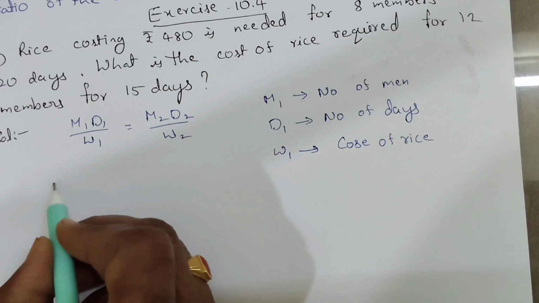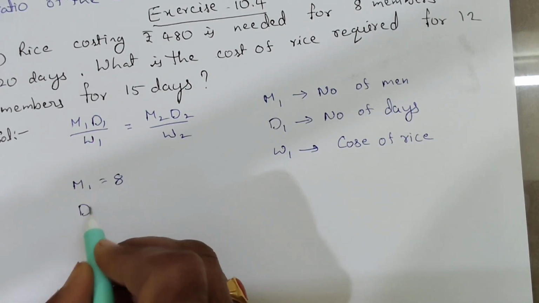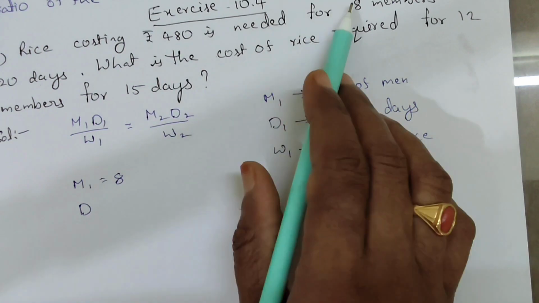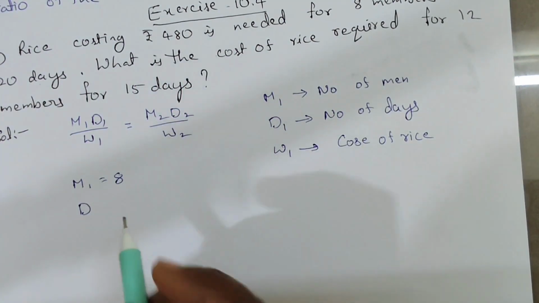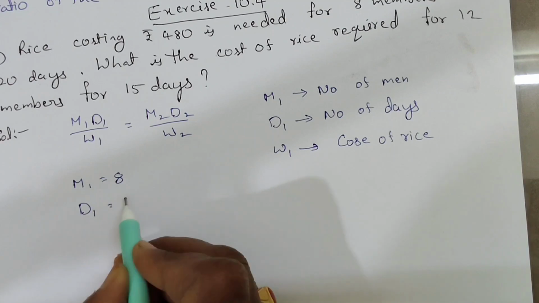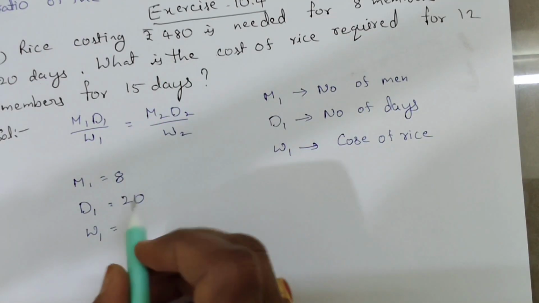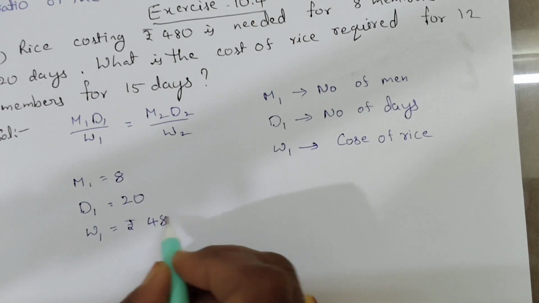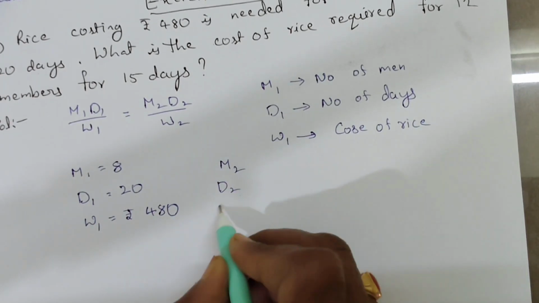Now we write the values. M1 is equal to 8. D1 is equal to 20 days: 8 members, 20 days, 480 cost. W1 is equal to the cost, 480 rupees.